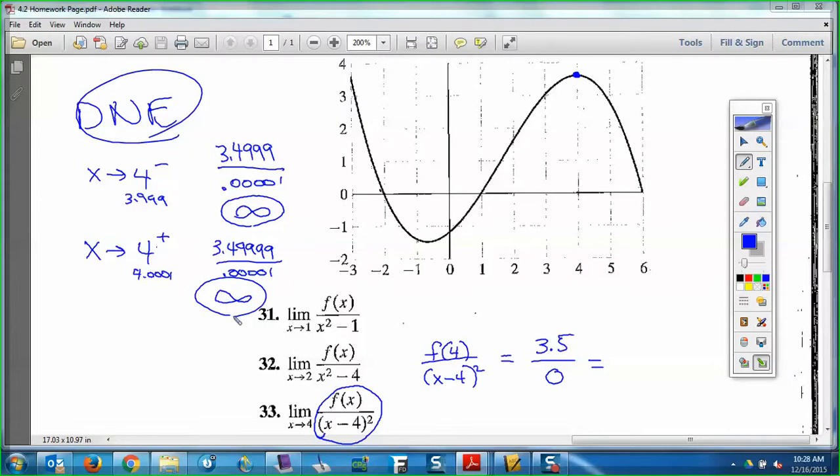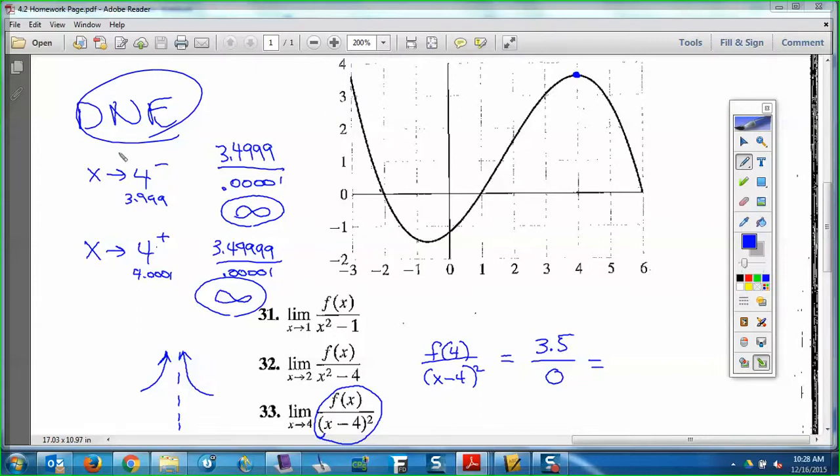See, that's a great example because we're not going to get positive and negative all the time. So if you were to graph this blue function right here, you have a vertical asymptote at 4, and on the left and the right side, that graph is doing that. Do the cars meet? No. So the limit does not exist.